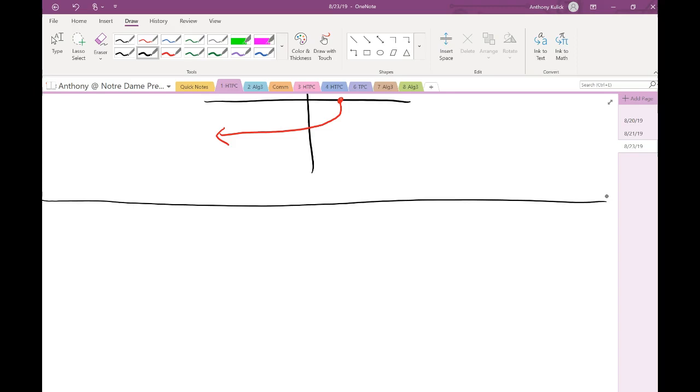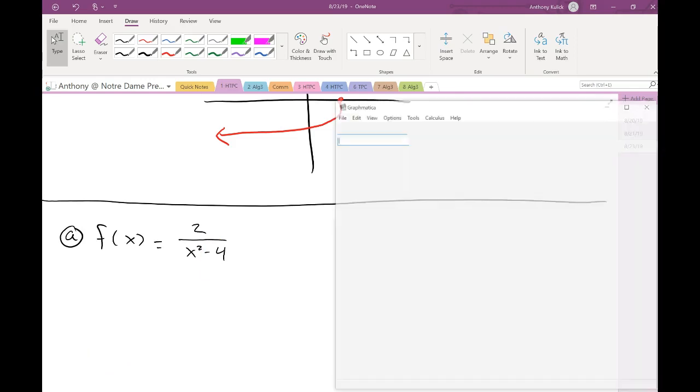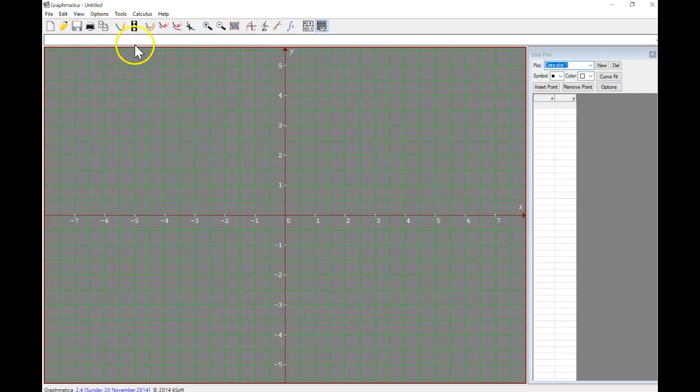Okay. So let's say we have this example here. I'm just going to sketch the graph really quick.